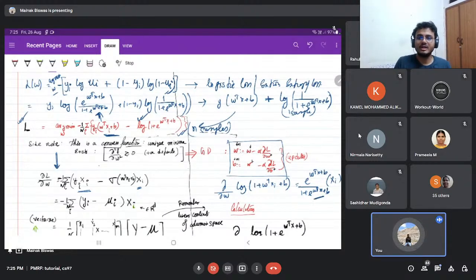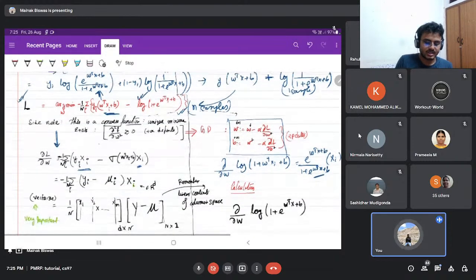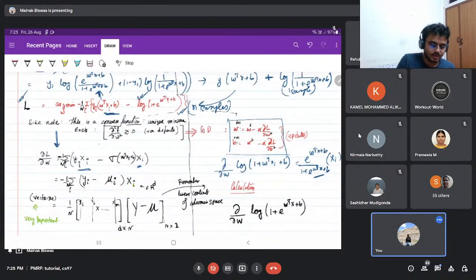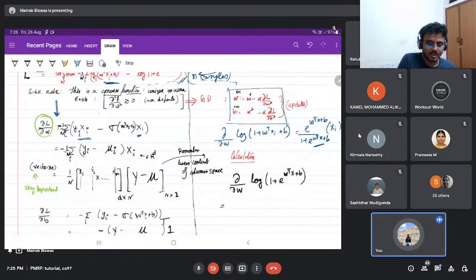So this is your sigmoid into xi. So this is why we did the derivative. It's the summation of yi minus, this is nothing but the sigmoid, that is mu i we defined. So we subtracted mu i, into xi.